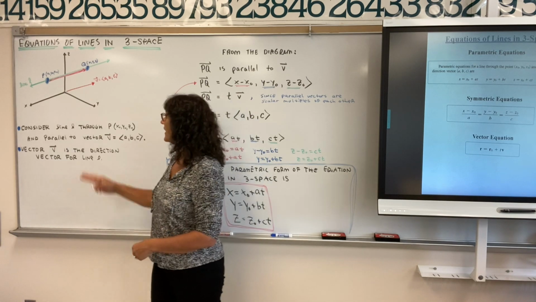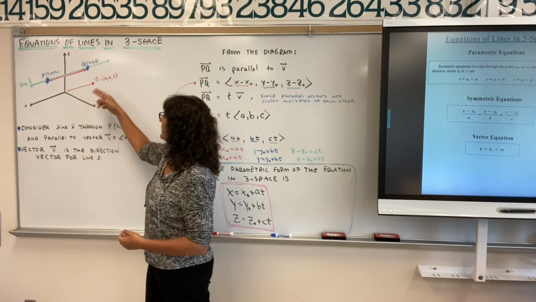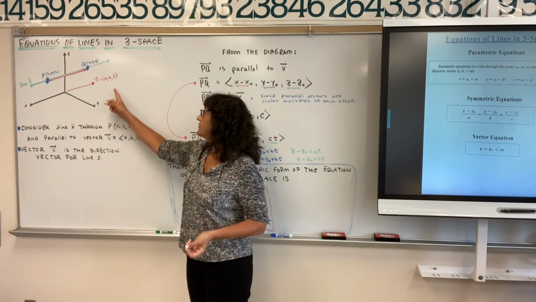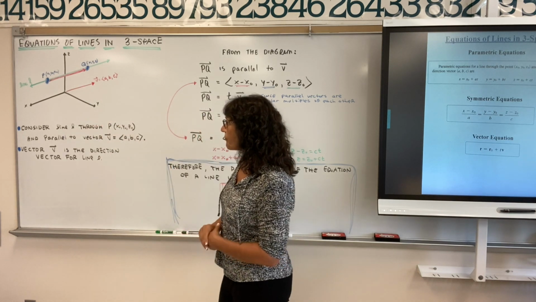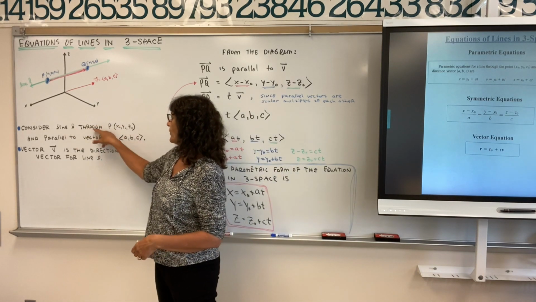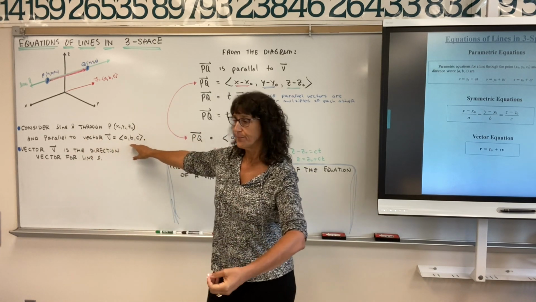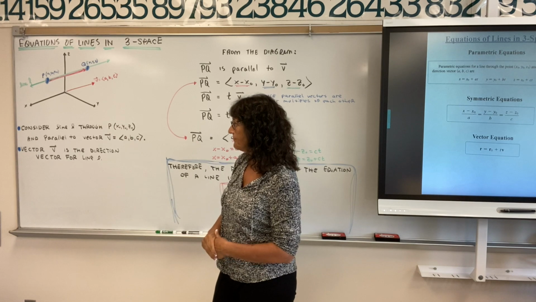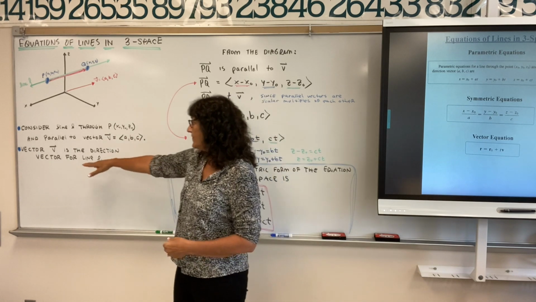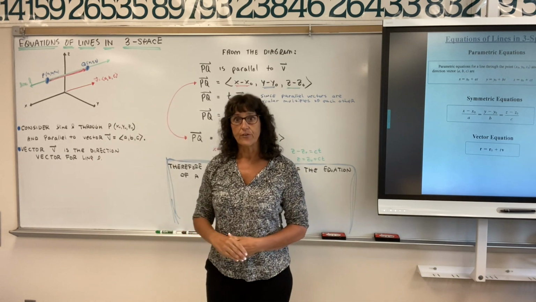Also on this diagram we have a vector V. The direction numbers in vector V would be a, b, and c. So we have line L that's going through point P, and we have a parallel vector V with direction numbers a, b, and c on the diagram. Vector V is in the direction of line L, they're parallel.